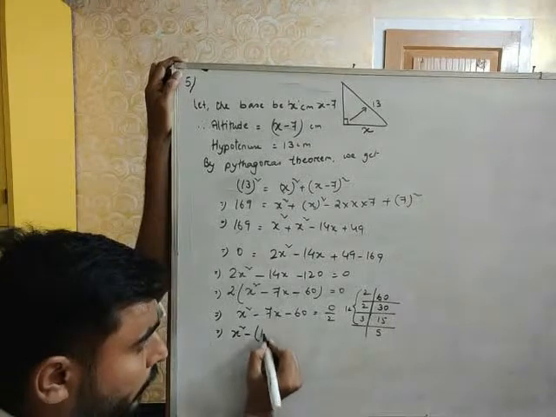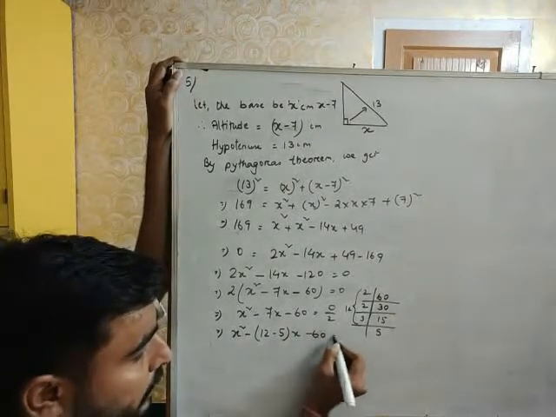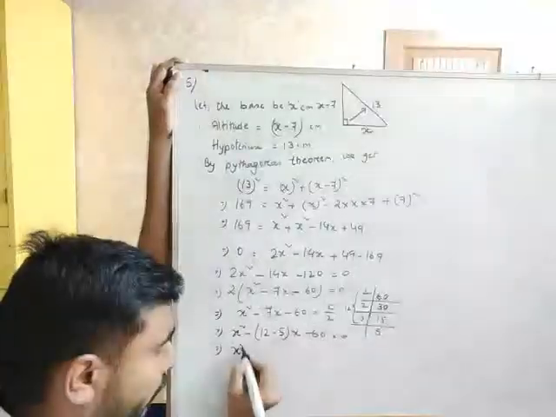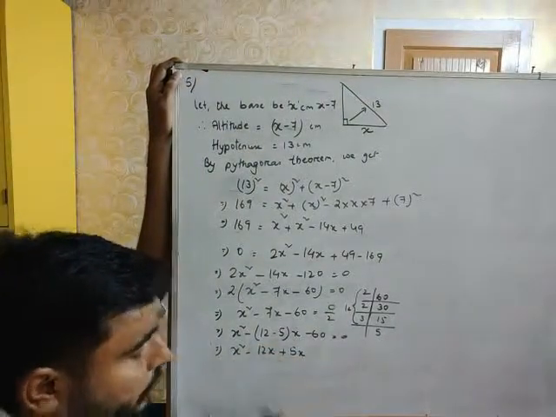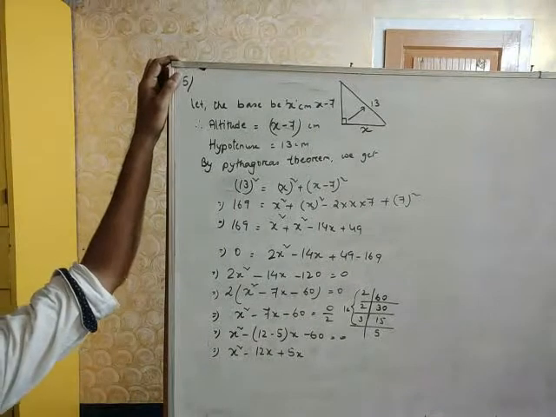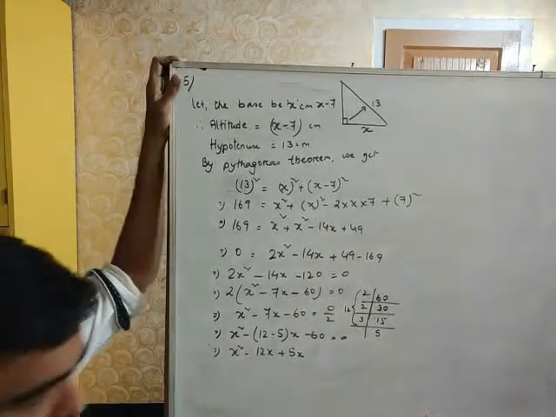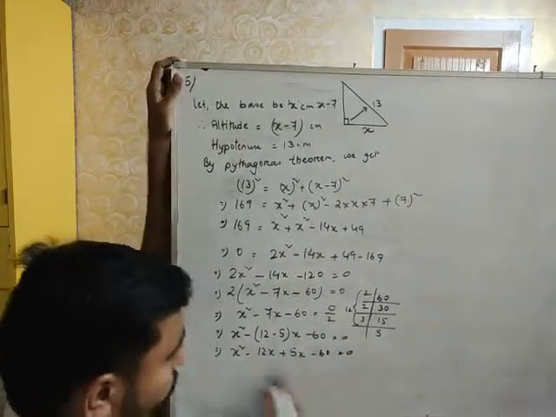So x square minus (12 minus 5) into x minus 60 is equal to 0. x square minus 12x plus 5x minus 60 is equal to 0. Got it? You need to be careful when there is a minus sign.